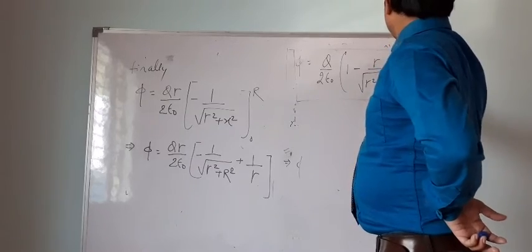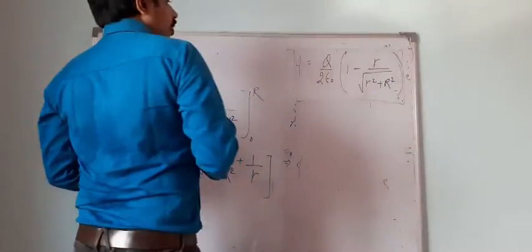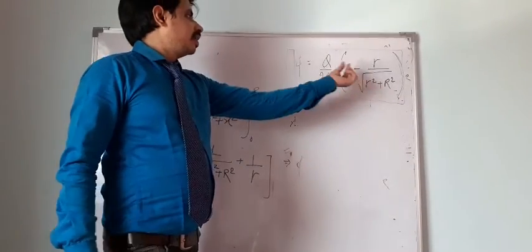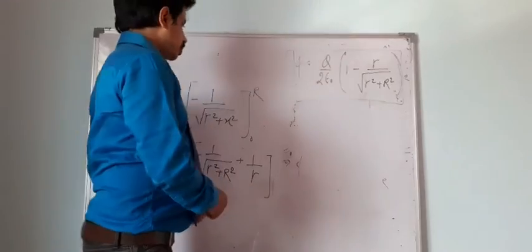This is the flux through that disk of radius R, and the charge is placed on its axis at a distance small r.